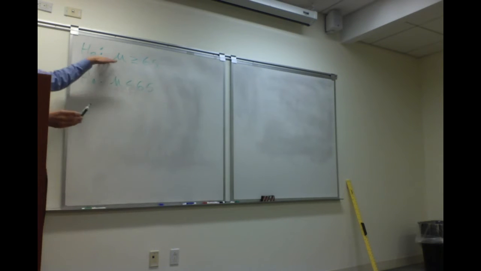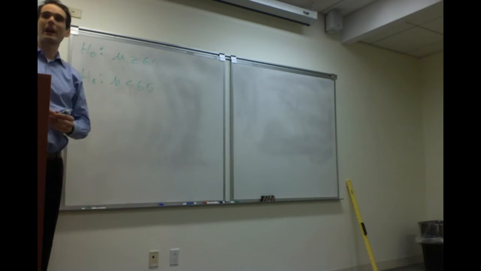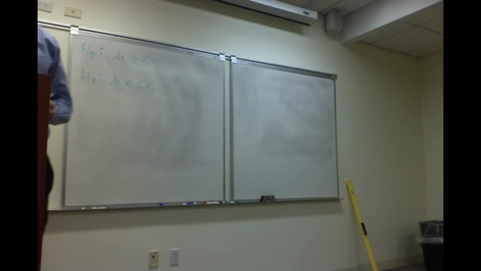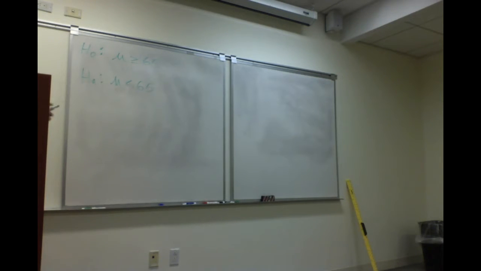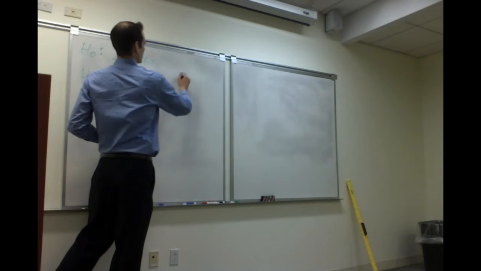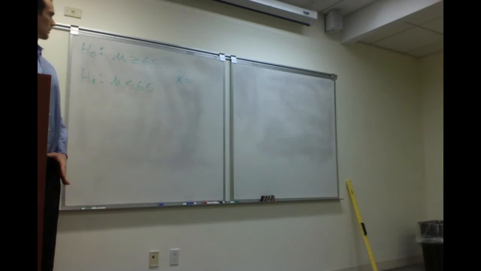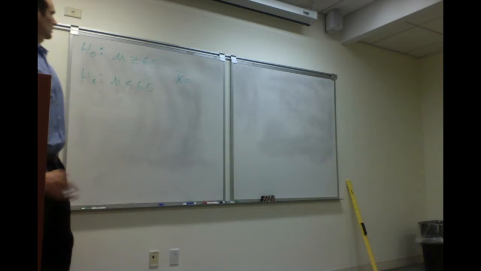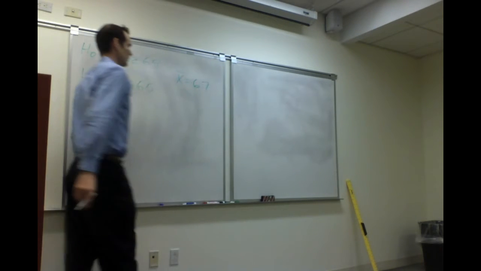So the null hypothesis is that shipping with the new company is greater than or equal to the 6.5 that we have now. So we're going to take some samples, and we're going to find a sample mean. Suppose we come up with a sample mean of 6.7 days.